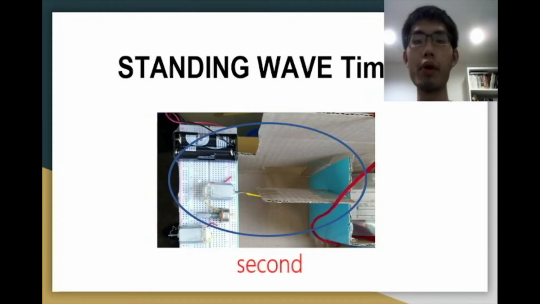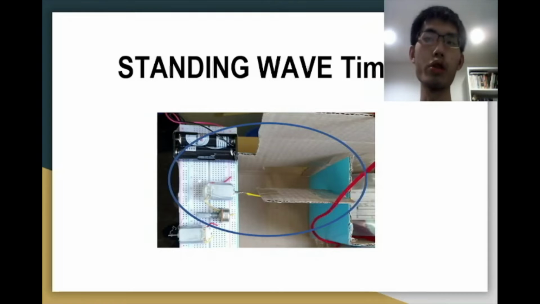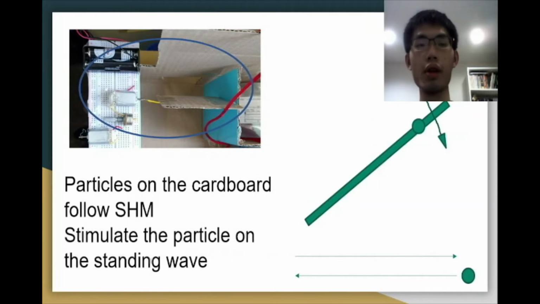I'm the first member to introduce our project, and I'm in charge of the physical properties and the mathematical terms of the standing waves. So let's look at our design. Our design contains a motor and a photoresistor, and is an electronic circuit.